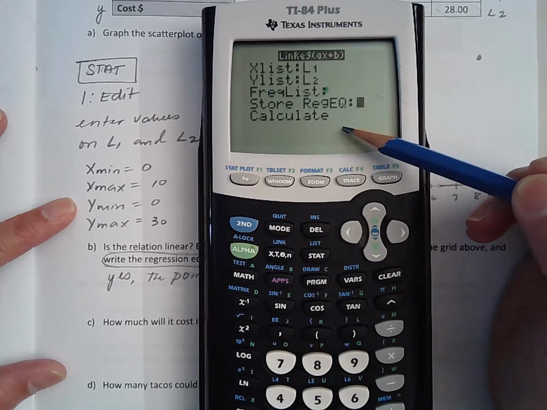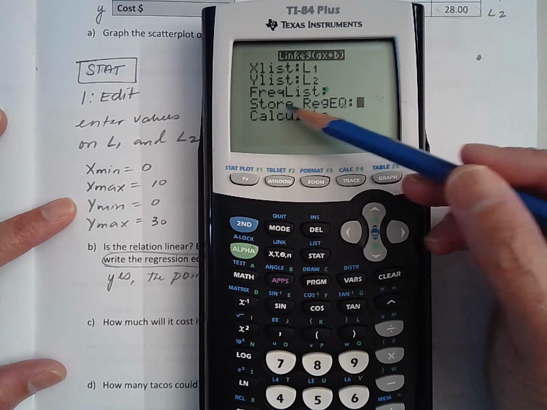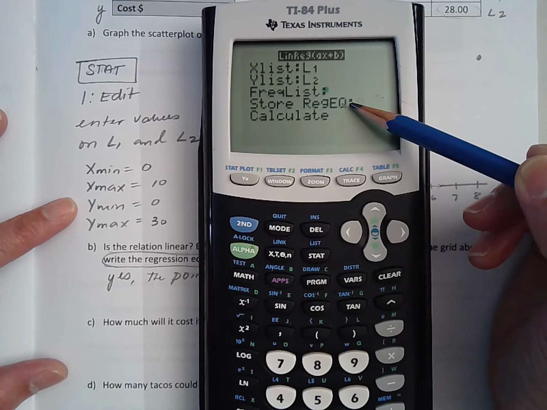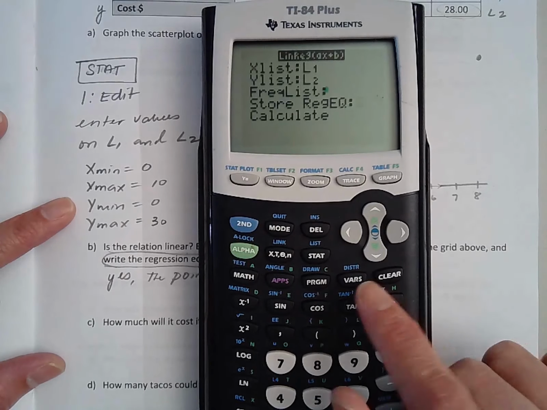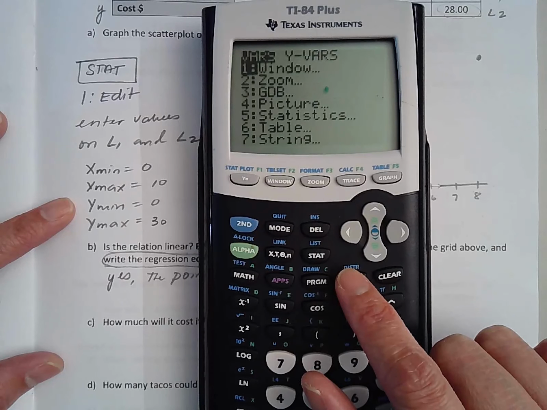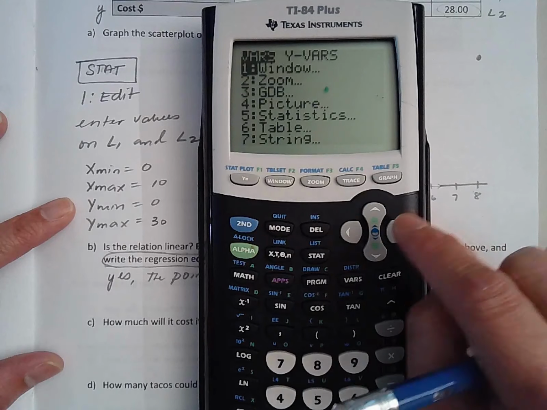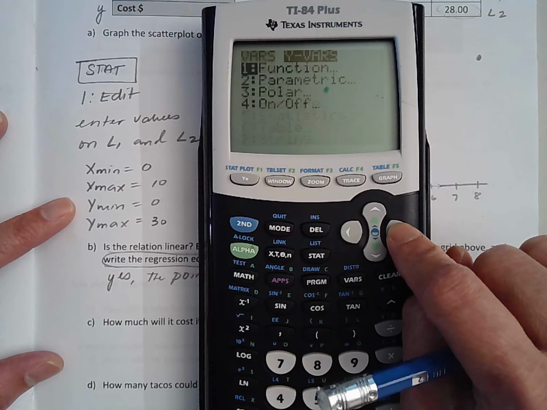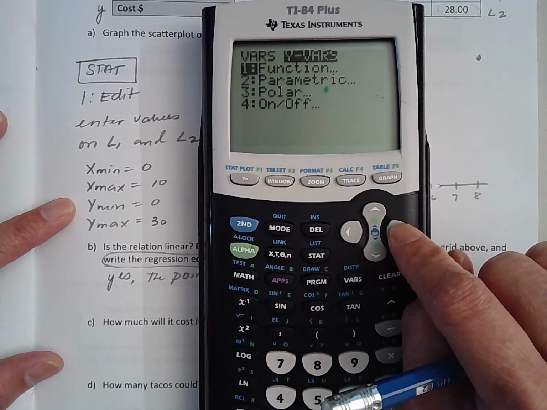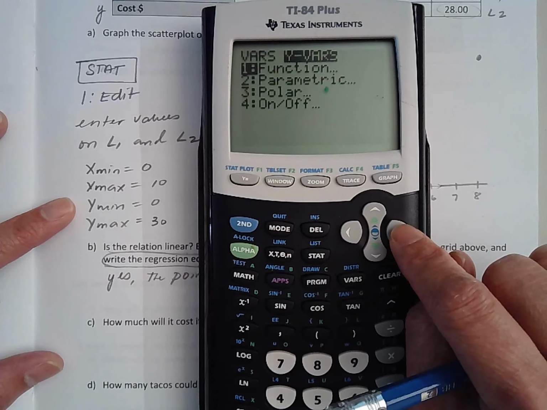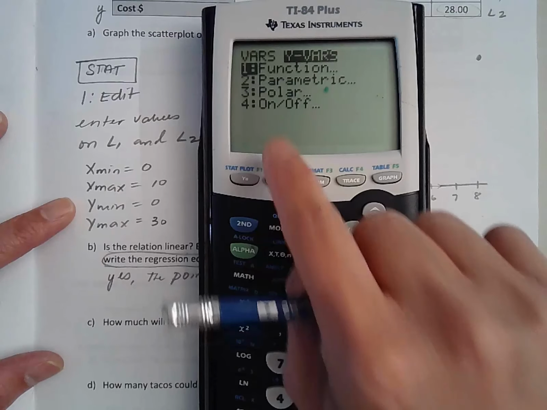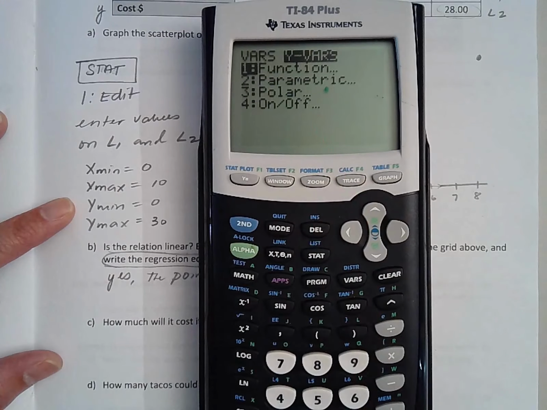Before you keep going, it says here, where would you like to store your regression equation? You go vars, y vars, and then we're going to pick 1 for function.